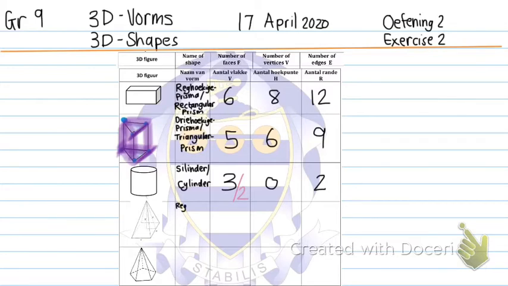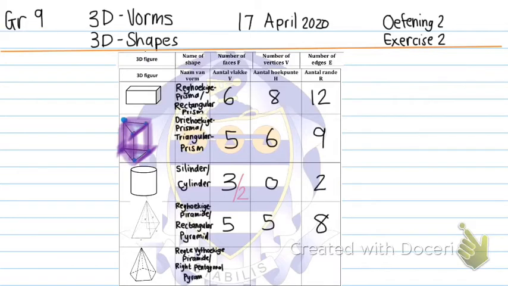Then we have a rectangular pyramid. The rectangular pyramid has 5 faces, 5 vertices, and 8 edges. Then we have a right pentagonal pyramid. Okay, so how do I know it's pentagonal?